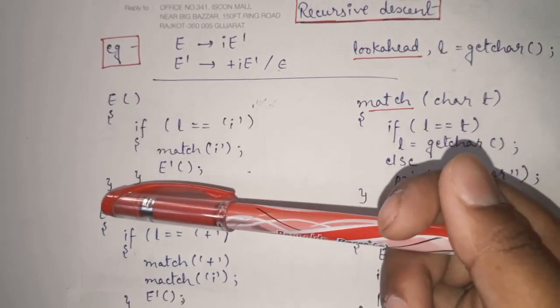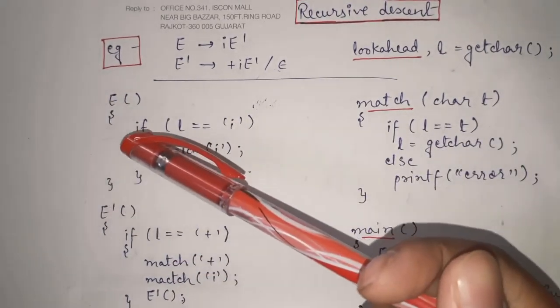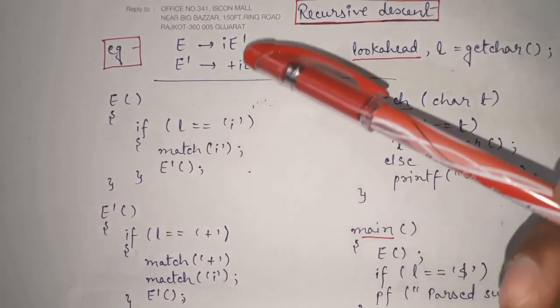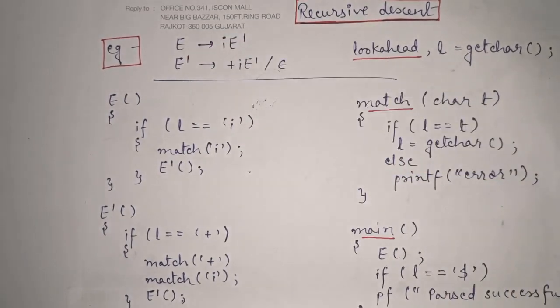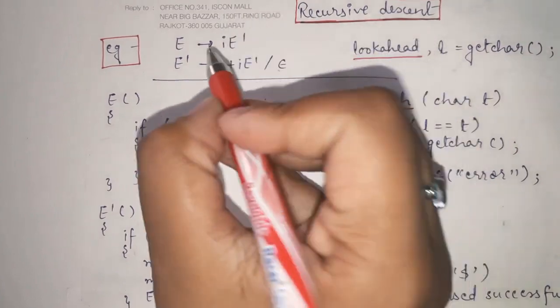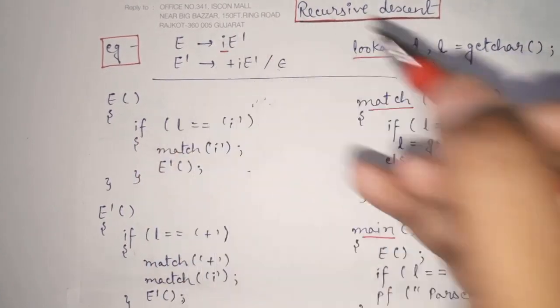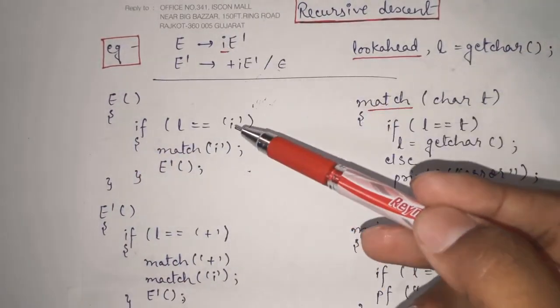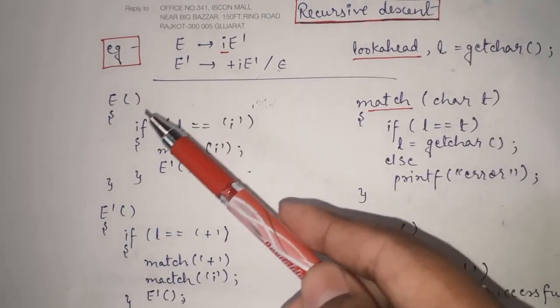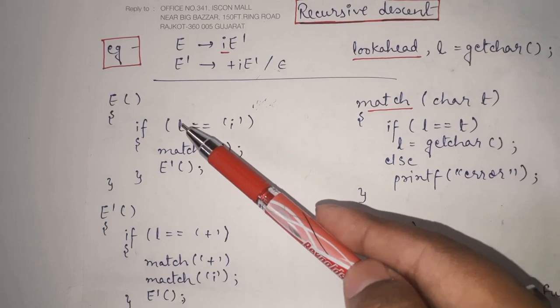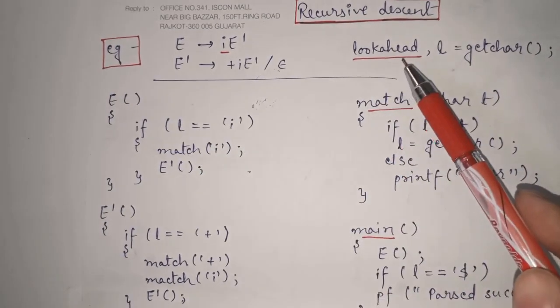Inside the function, we have written if L equal to I. Why I? You have to remember this thing, that whenever we have a terminal, any terminal, we will be checking whether L equal to I or not. What is L? L is my look ahead.